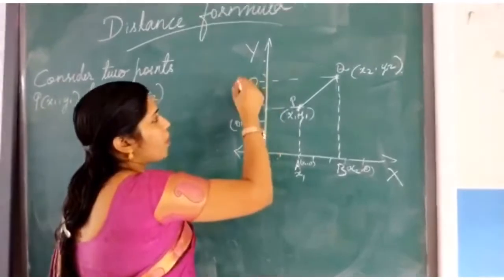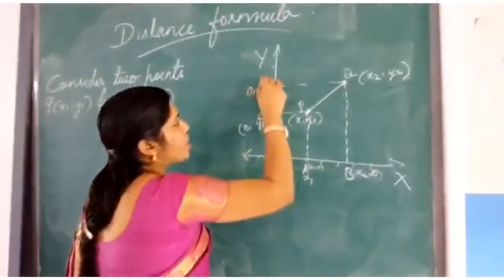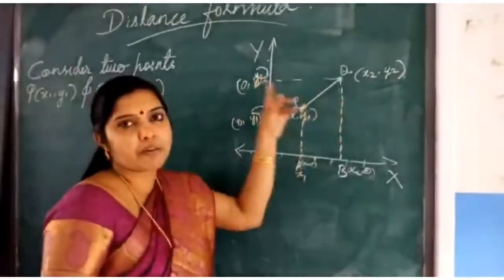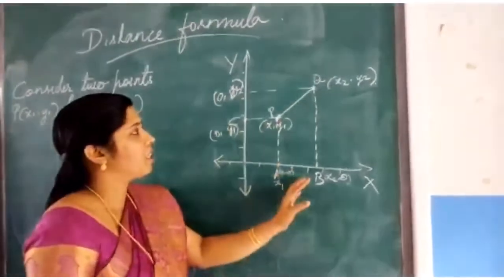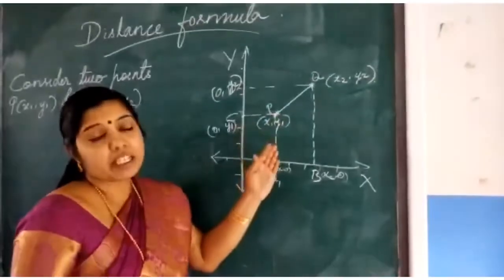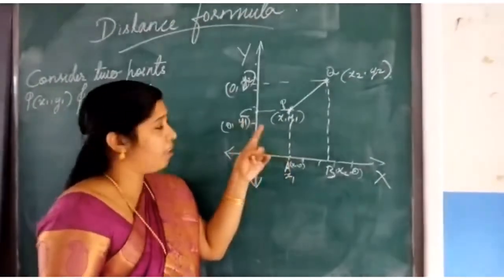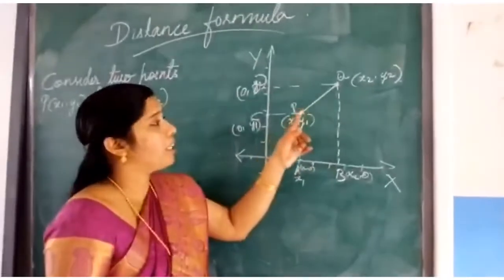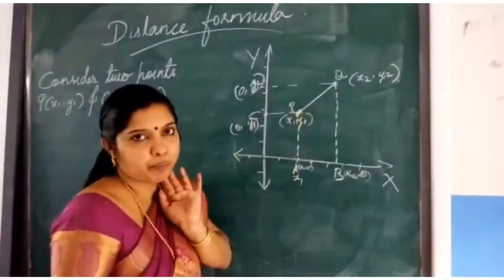And this point is obviously (0, y2). So these are the coordinates of the points. We have analyzed the line made by these 2 points P and Q.